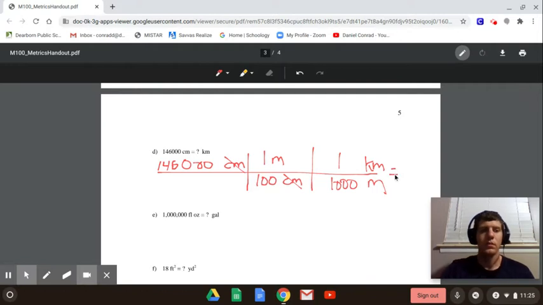And now we can multiply across and divide by whatever's on the bottom. So we start with 146,000 times 1 divided by 100, times 1 divided by 1,000, and we get 1.46 kilometers.